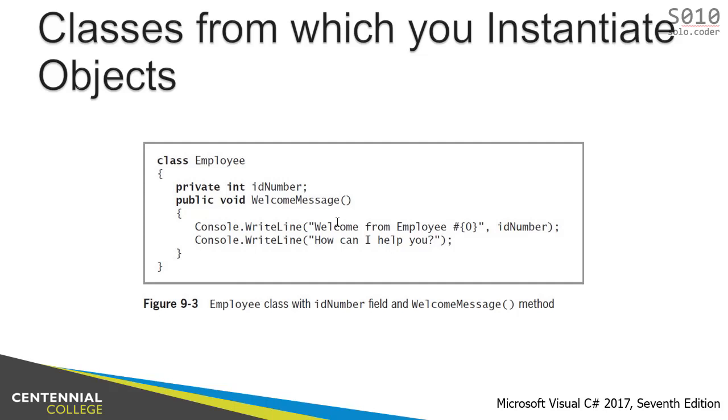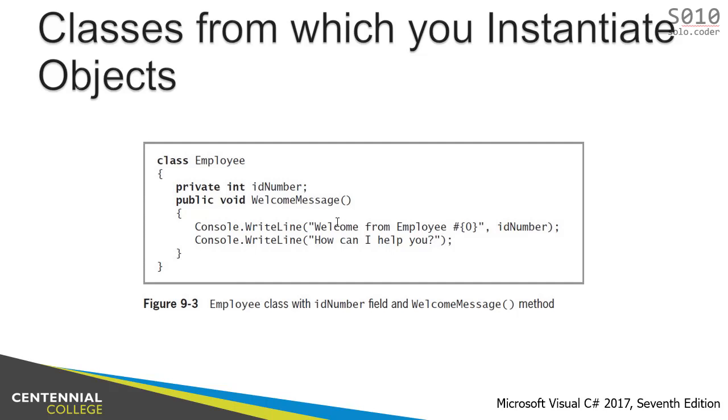Private and public. How does that affect what we can and cannot do? When it's set to private, what is the restriction? Let's talk about the scope. Where is this ID visible if it's private? Just within the class, okay? Only inside this class is this ID number visible.